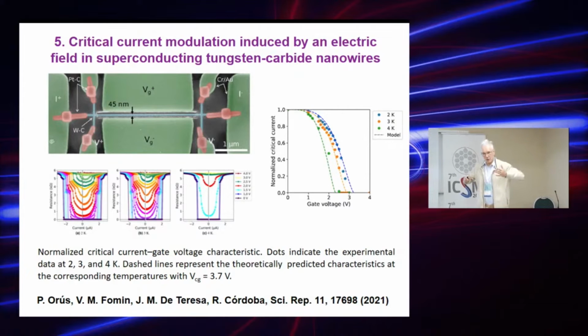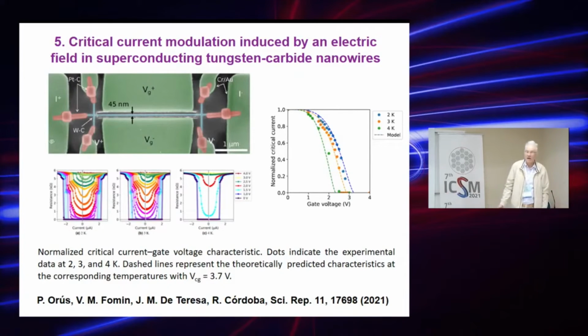And if this process continues, then finally this channel becomes narrower and narrower, and at the second value of the gate voltage there is no more superconducting material in the nanowire. We have already normal scale. Therefore, in this case, electrical current does not apply.